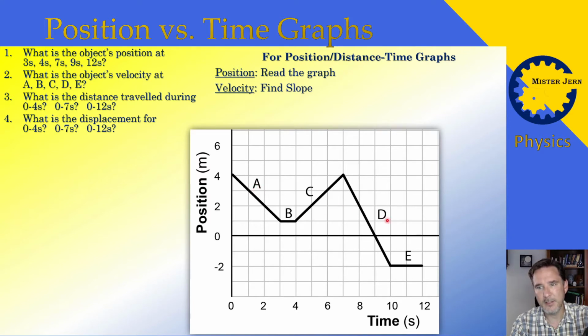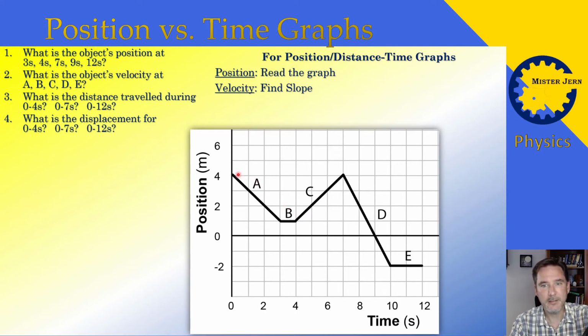But when it's talking about A, B, C, D, E, it doesn't specify exactly where on the line segment we're talking about, but that's okay because when you're talking about a line segment, we're going to assume that the entire line segment is continuous and straight, and it looks like it's representing what it is representing. So we start at 4 meters and it goes down to 1 meter, and it takes 3 seconds to do that. So we're not going to make any assumptions when we have a graph like this unless it says otherwise. We're going to assume that what we're seeing is what it's representing.